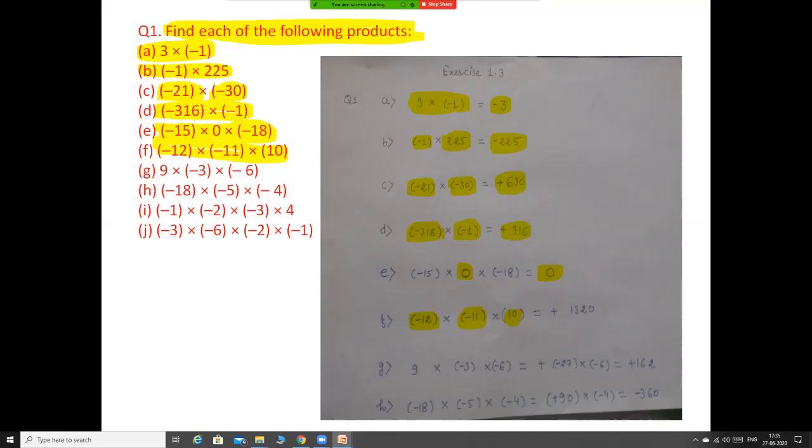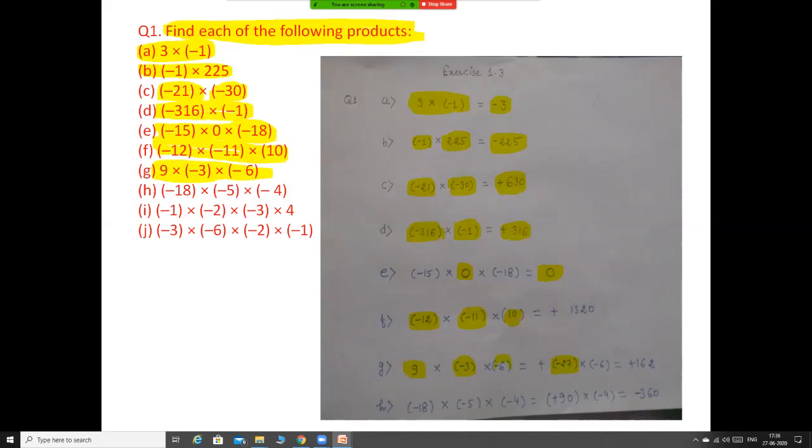Okay, so now we have G part, 9 into minus 3 into minus 6. So what is the answer? 9 into minus 3, answer is minus 27, first of all.